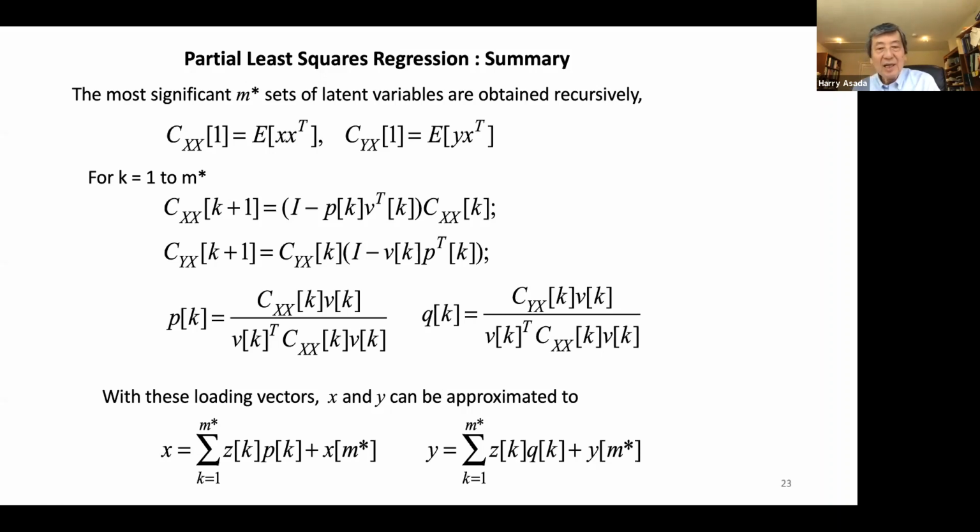Doing this K times, M star times, you can predict the output Y by this much. And here's the remaining part. This is the residue; after M star cycles, you still have some error left.